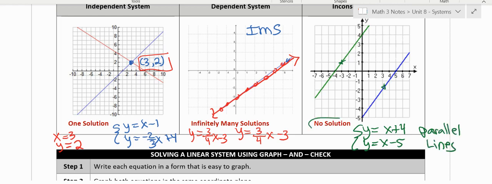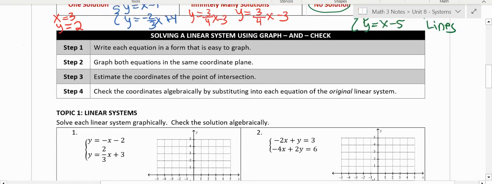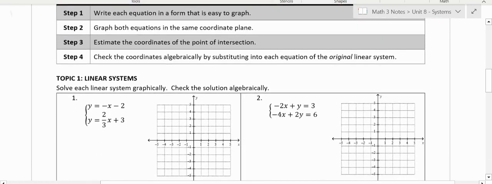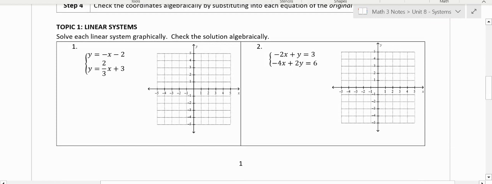And so this would be a no solution because there's no intersection. So if we want to graph these, it's really just that. We're going to look at where the intersection is, and that's going to be our solution to our system of equations. If we want to check algebraically by substituting them in, we can. But again, we're mostly just looking for our intersections.